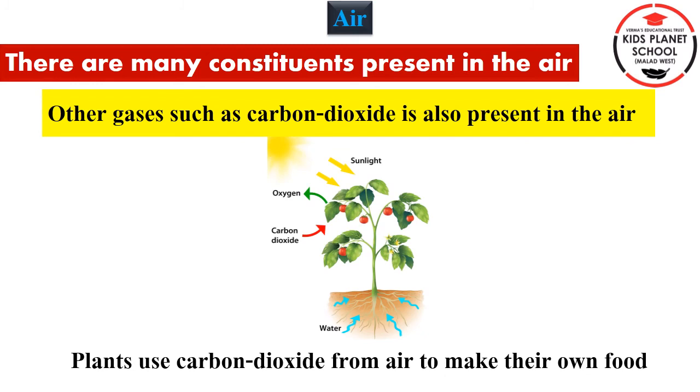Plants give us oxygen and take carbon dioxide from air to make their own food. Plants make their own food using air and water in the presence of sunlight. When plants make their food, they use carbon dioxide from air.